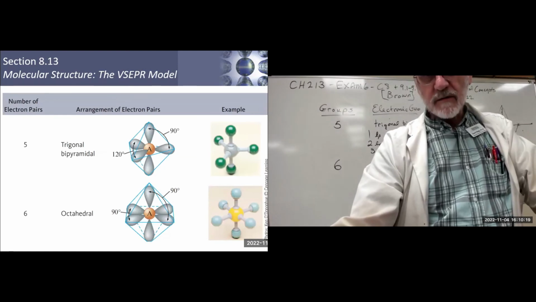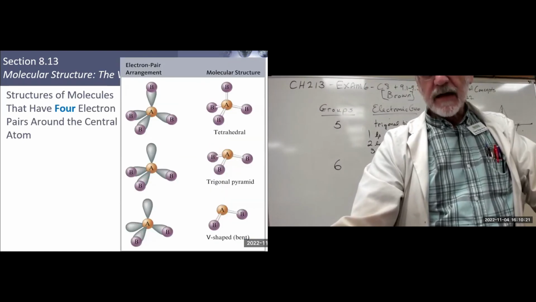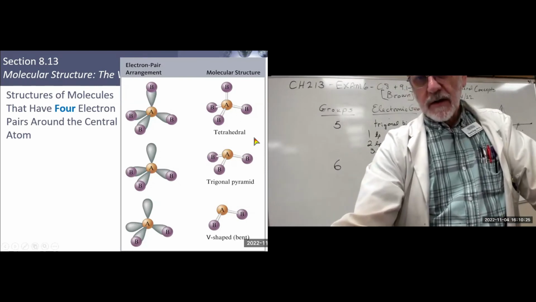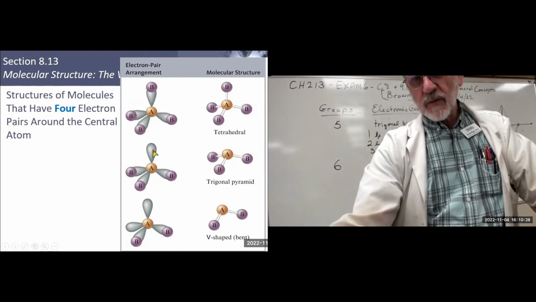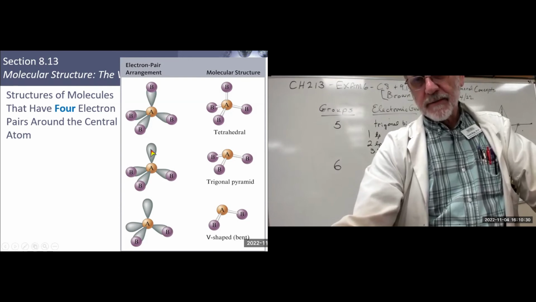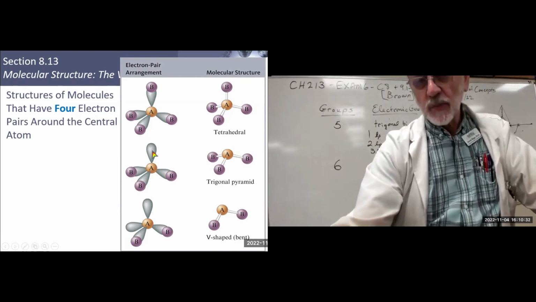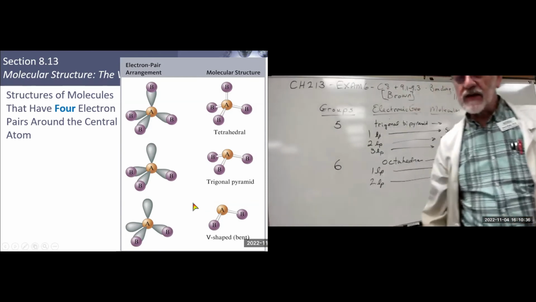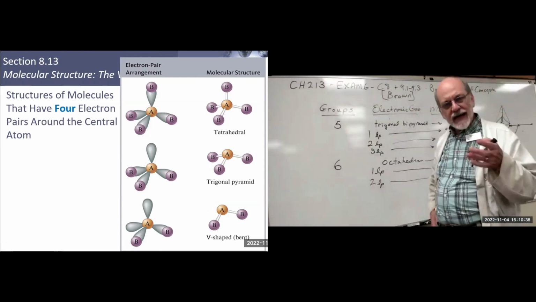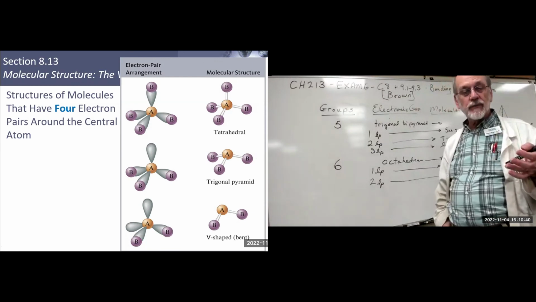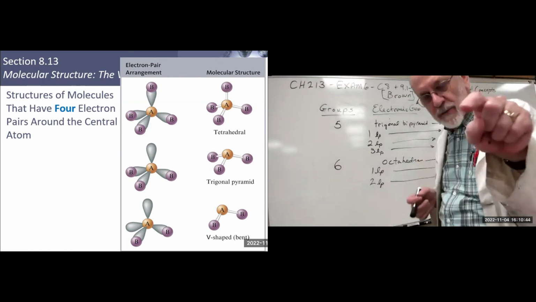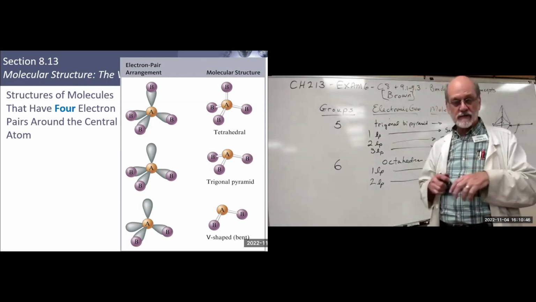There's your octahedron. And here's what happens with a tetrahedron when you remove one of the positions for a lone pair. 2 positions as lone pairs is bent. Now, the interesting thing is the bond angle in a tetrahedron is 109.5 degrees, if all of the positions are occupied with atoms.